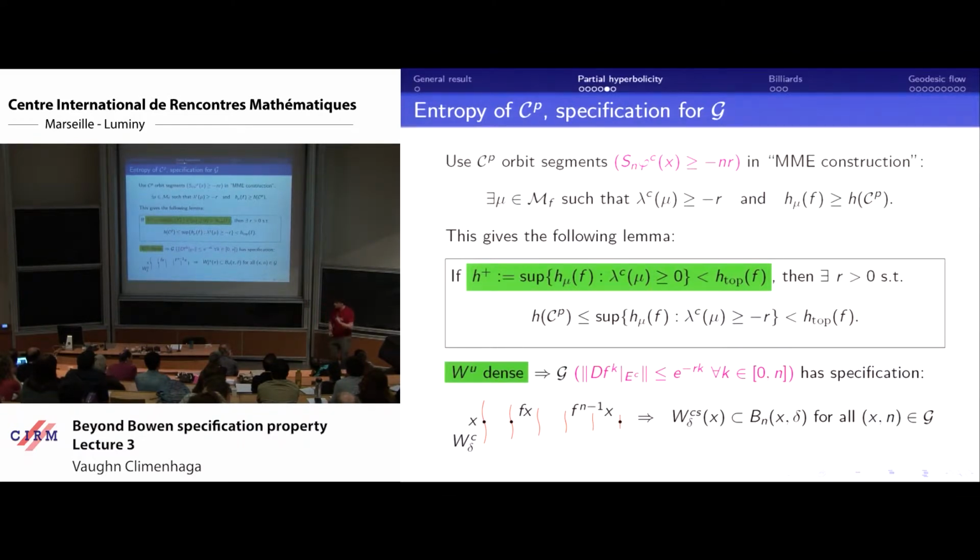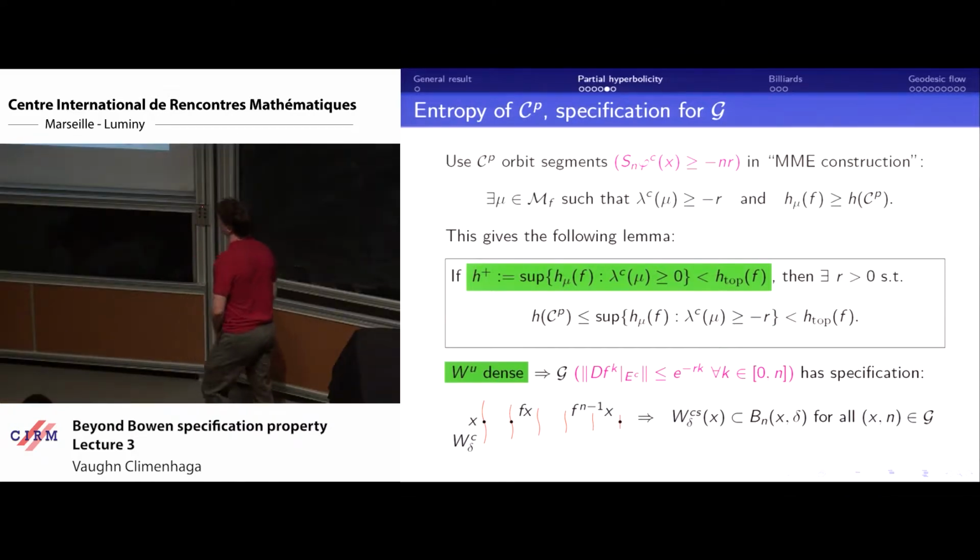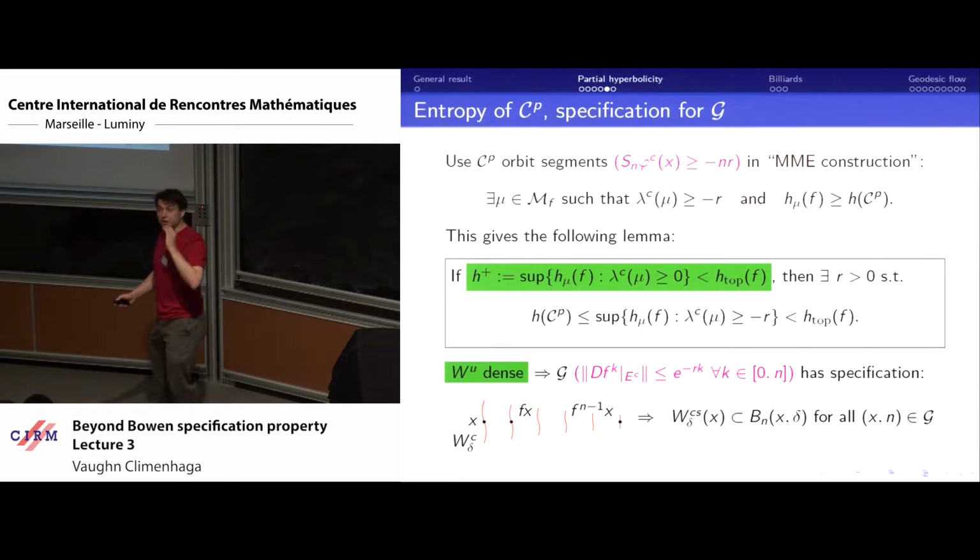But what it does do is it gives you an invariant measure whose entropy is at least as big as the growth rate of the collection of orbit segments you used to build it. So let's do it now, not with the whole collection of orbit segments, but with the bad guys, with the prefixes. So if I use these prefix orbit segments, which I recall are the ones for which the Birkhoff average in the center direction is at least minus r, run them through this construction, you produce an invariant measure with two properties.